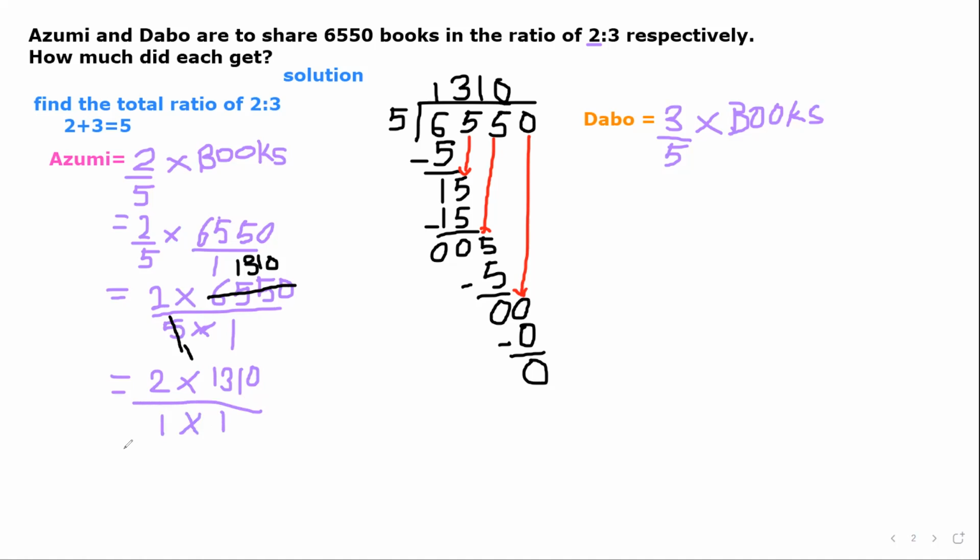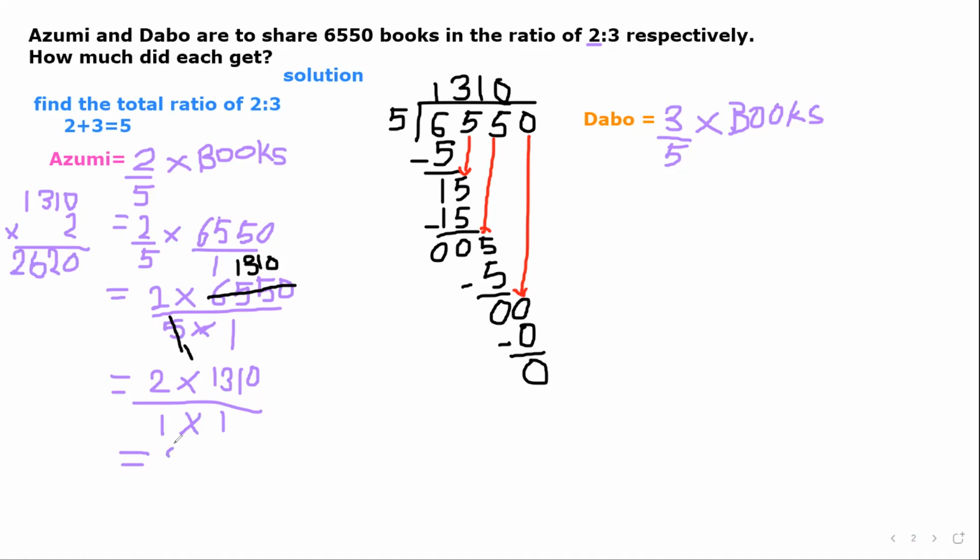Okay, and then you multiply 1,310 by 2 right down. So here is 0, here is 2, here is 6, 2 times 3 is 6, and 2 times 1 is 2.